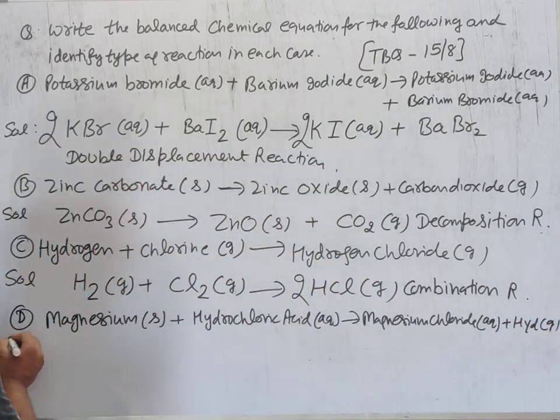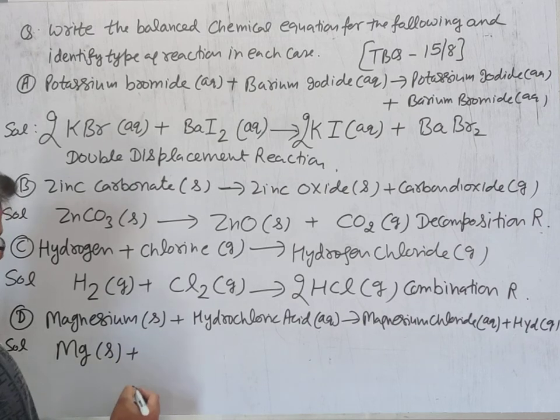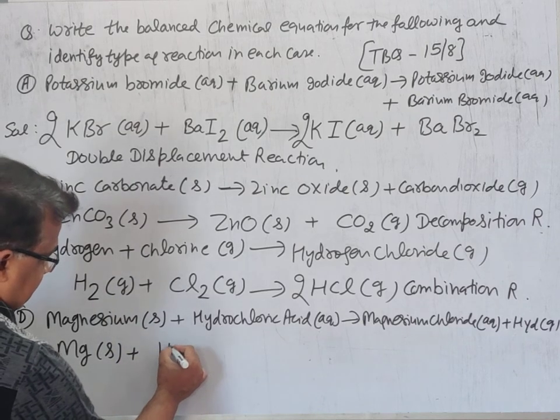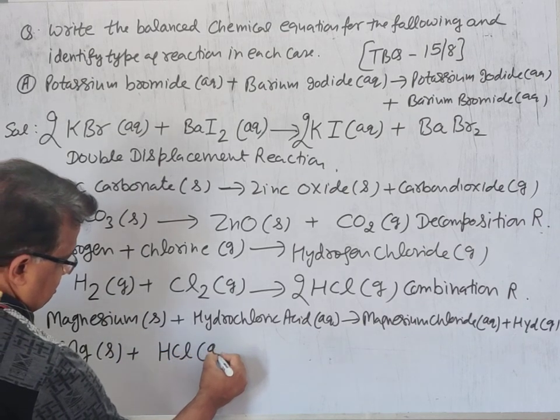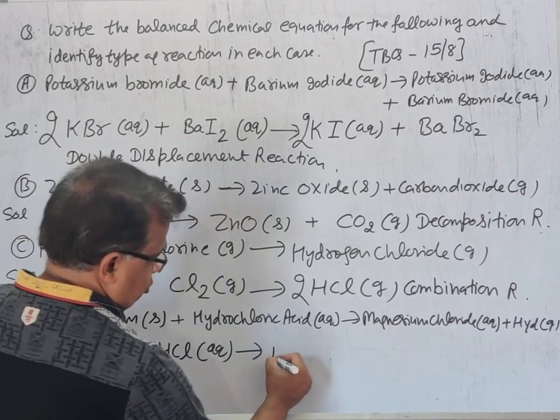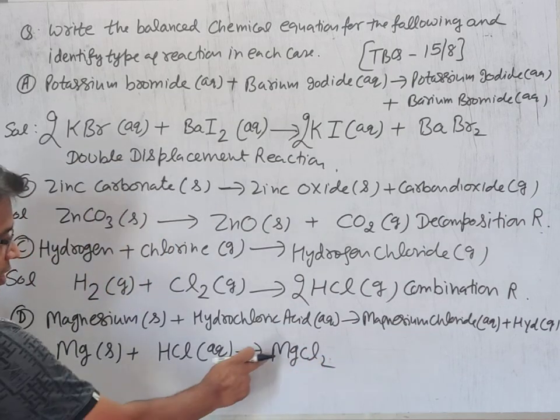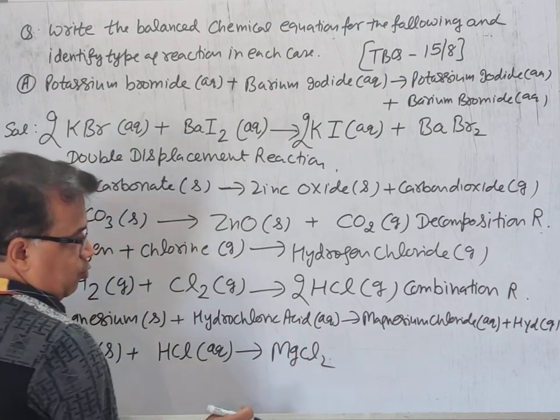So now its solution: magnesium is Mg, solid, plus hydrochloric acid HCl, aqueous, gives magnesium chloride MgCl2, because valency of Mg is 2, therefore here 2.